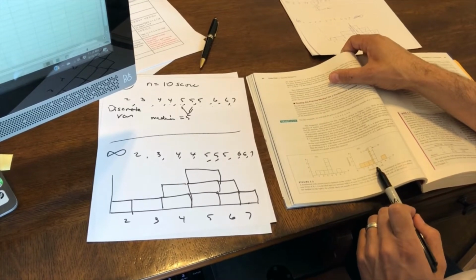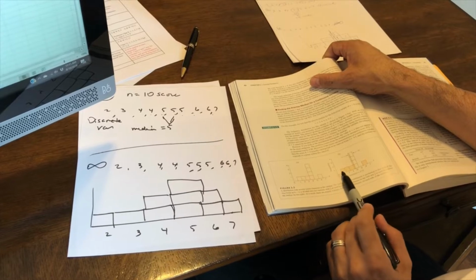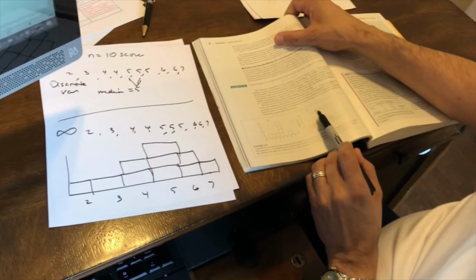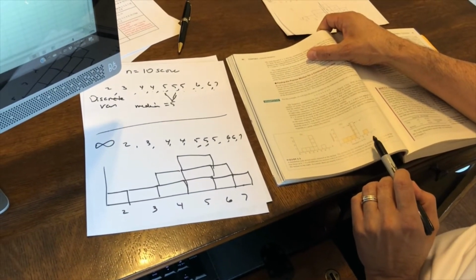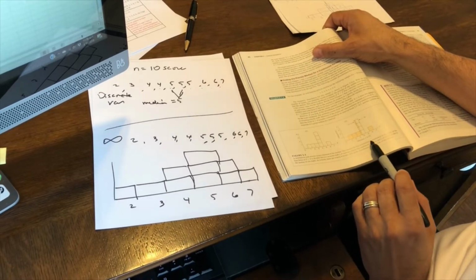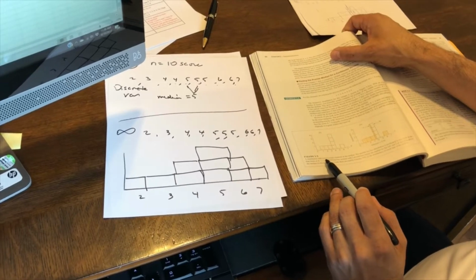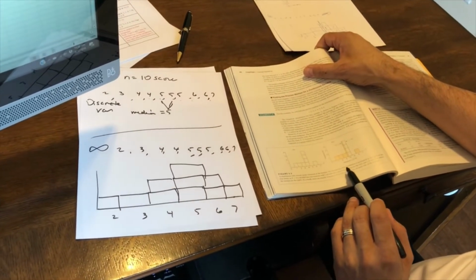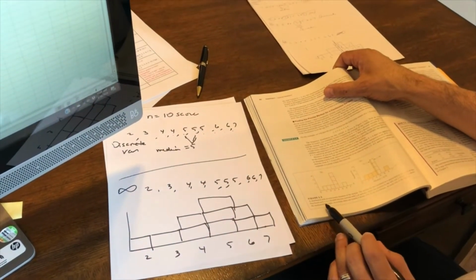In this example, the numbers are 1, 2, 3, 4, 4, 4, 4, 6. So they have 1, 1, 2, 1, 3. Then they have 4 4s and a 6. It says here, the median for the distribution is positioned so that each of the 4 boxes at x equals 4 is divided into 2 sections with 1/4 of each box below the median to the left and 3/4 of each box above the median to the right.